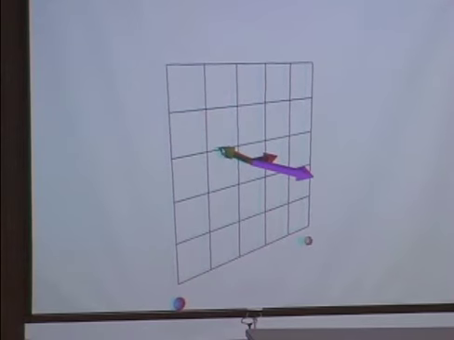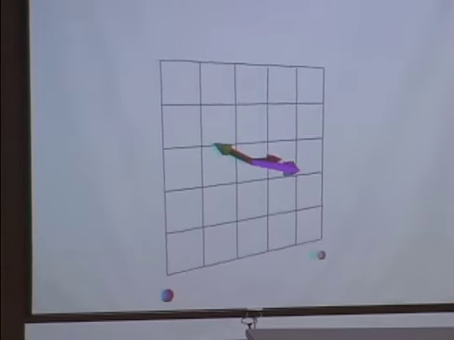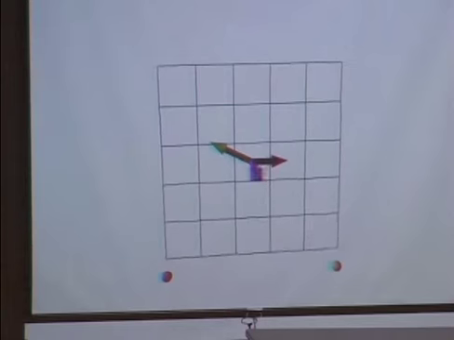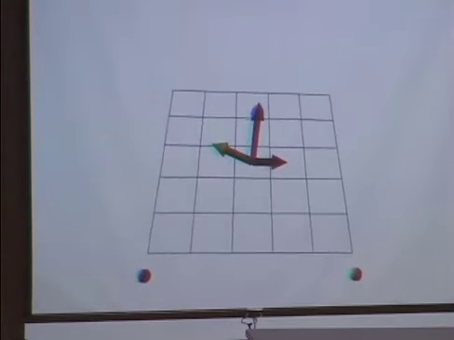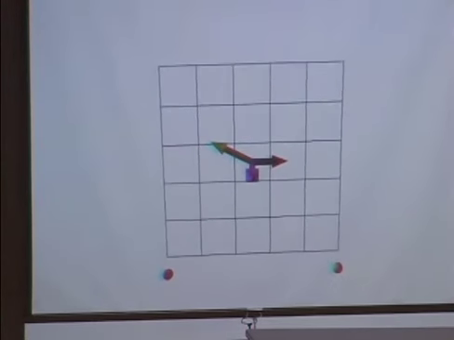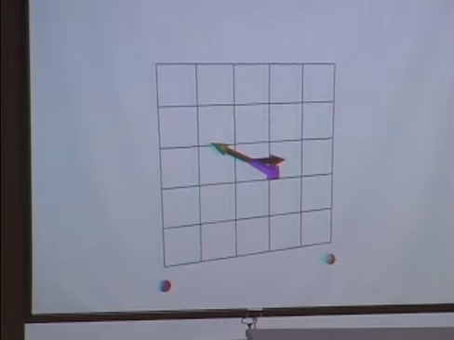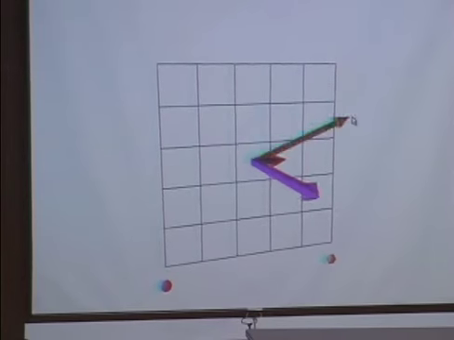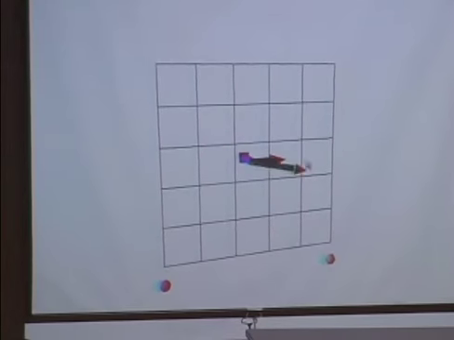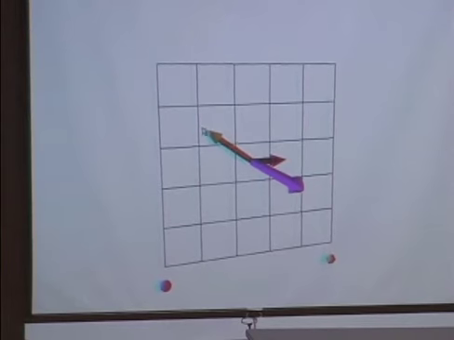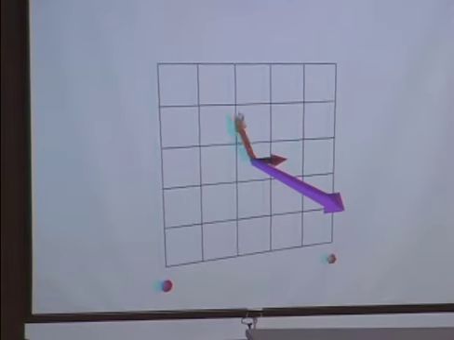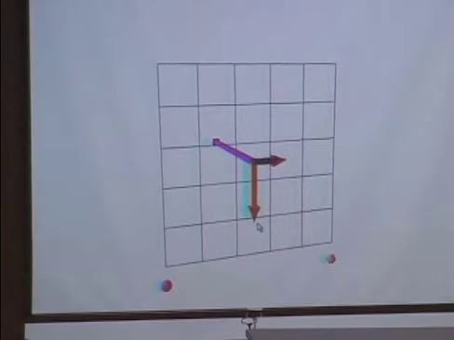Let's make that purple vector small enough to see, actually. And so the purple vector should be coming out of the screen at you, hitting you in the nose. Okay, so the vector cross product is this very 3D thing.